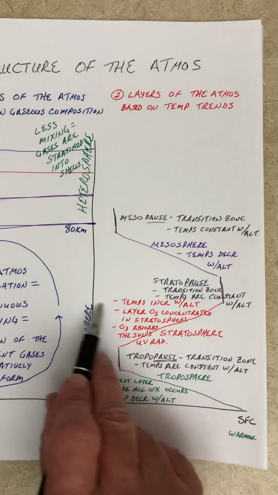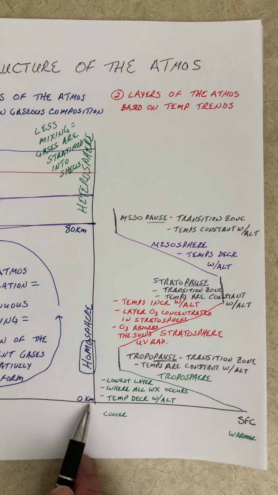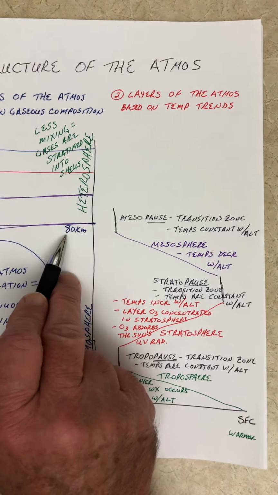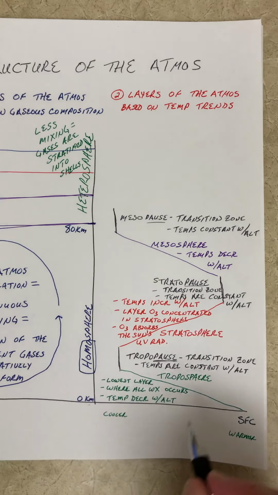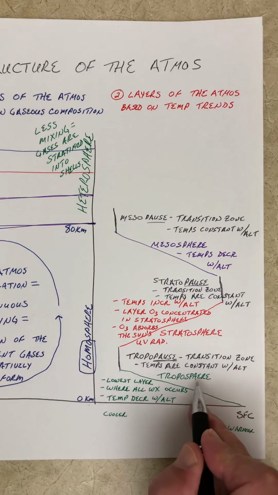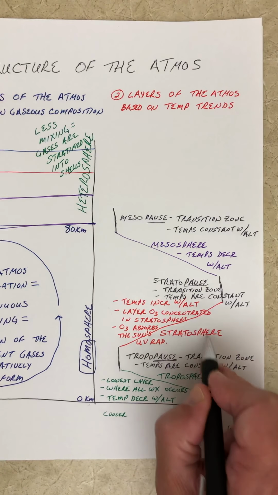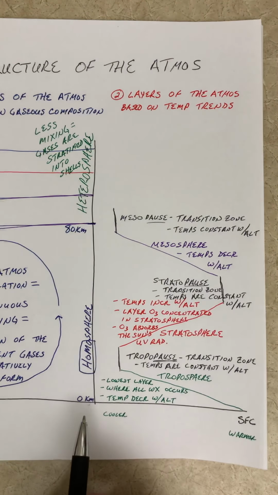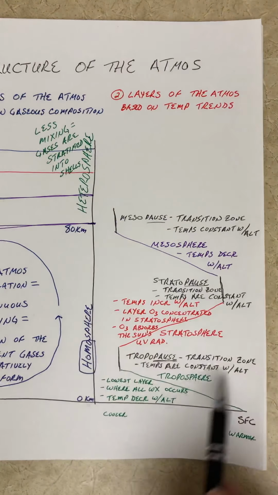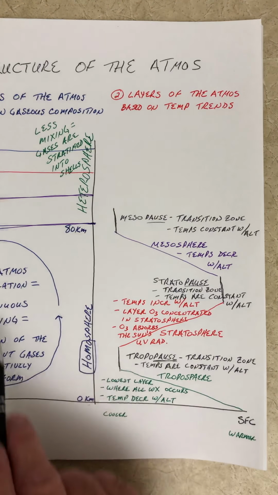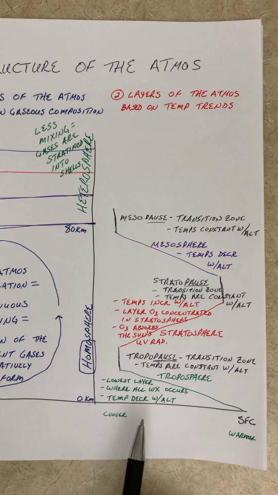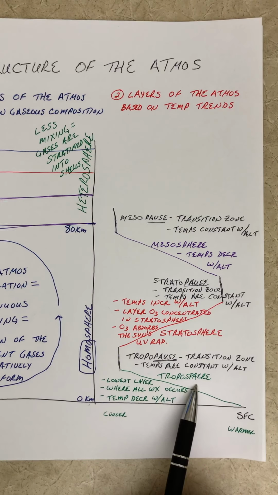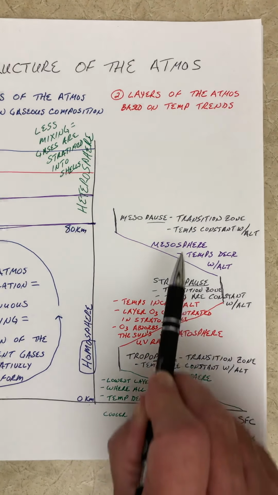Now, what I want you to notice, we talked about the structure of the atmosphere based on gaseous composition. Notice the homosphere goes from 0 kilometers to 80 kilometers. That correlates pretty well with the combination of the troposphere, the stratosphere, and the mesosphere. So in these layers where you've got good atmospheric circulation, called the homosphere, that's where we find the troposphere, the stratosphere, and the mesosphere.